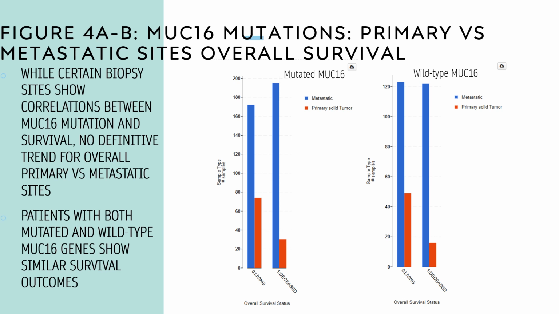In reality, if we're looking at metastatic sites with both mutated MUC16 genes, which you can see in the figure on the left, and the wild-type MUC16 on the figure on the right, there isn't that much difference in terms of patient survival, and the proportions between survival and death between these two cohorts.